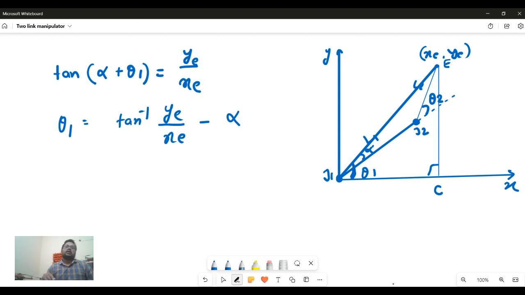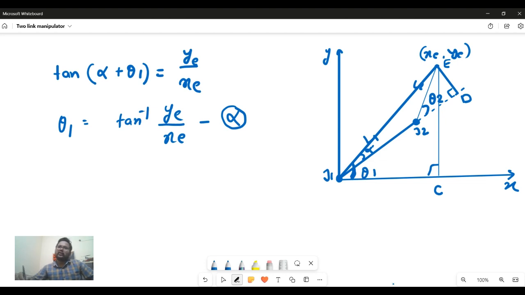Now we don't yet have an expression for alpha, so we assumed alpha. The next aim is to find an expression for this alpha. How can we find it? Let's draw a perpendicular line over this extended line, and say this is D. Now J1, E, D make a right angle triangle, and this is alpha, this is the perpendicular, and this complete length is the base.